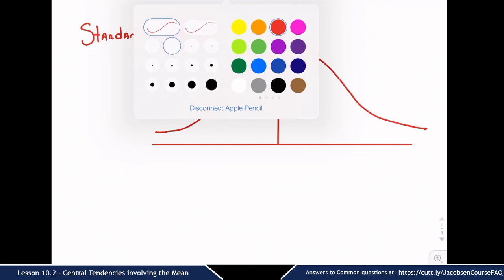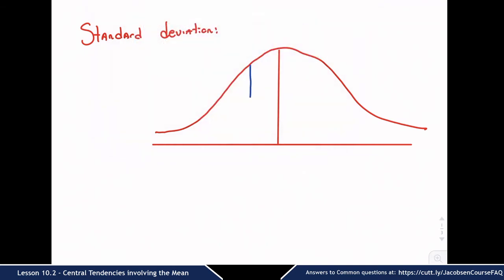Now what our standard deviations are is spaces that are counted away from our data, which will each in their own right represent a decreasing amount of percentage of area underneath the curve, and therefore a decreasing percentage of data that is involved within that standard deviation.